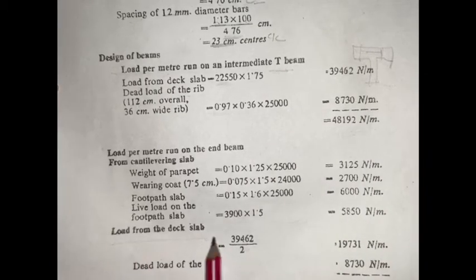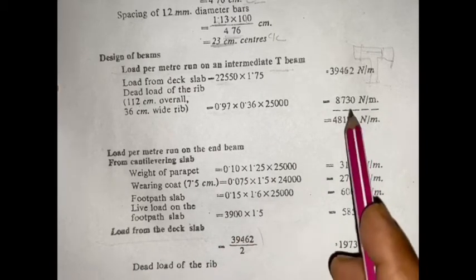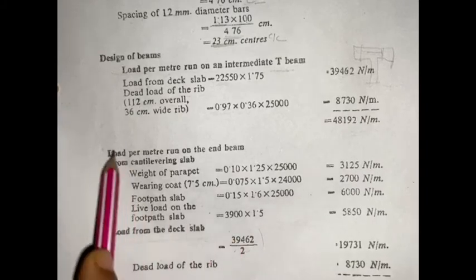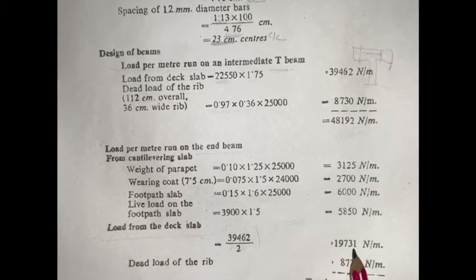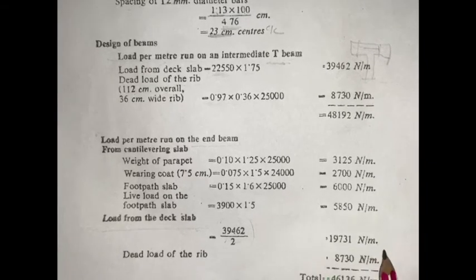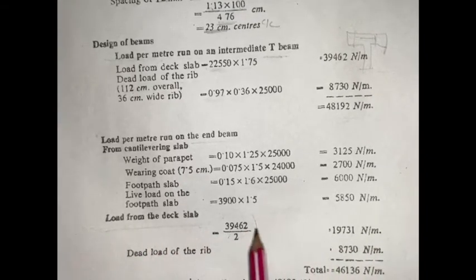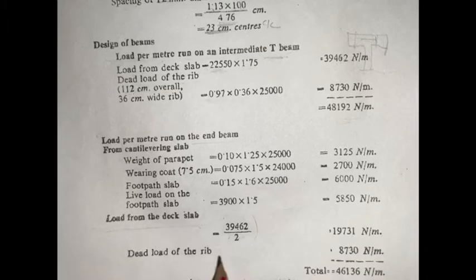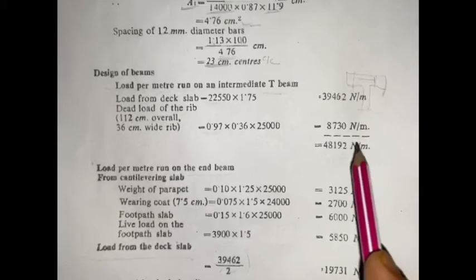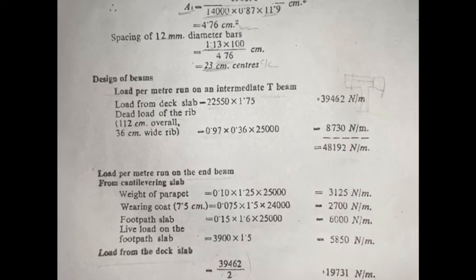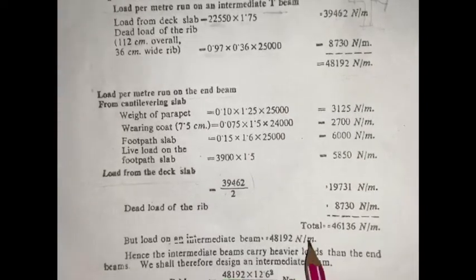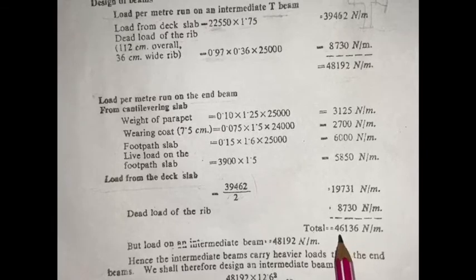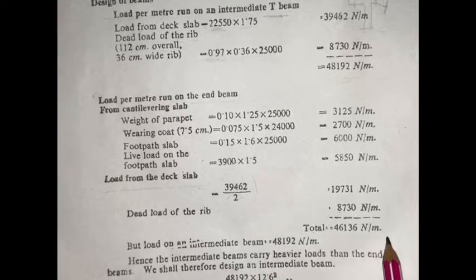So half of this load will occur at the end beam of the bridge. Okay, so 19731 Newton per meter is the load from the deck slab. Okay, dead load of the rib, dead load rib का यहाँ भी occur होगा. Okay, 8730 Newton per meter. Okay, so total load will occur 46136 Newton per meter.